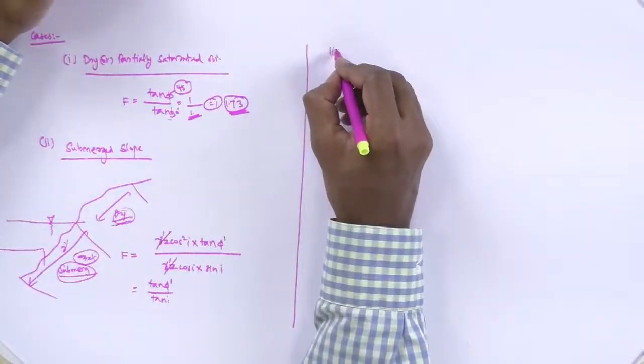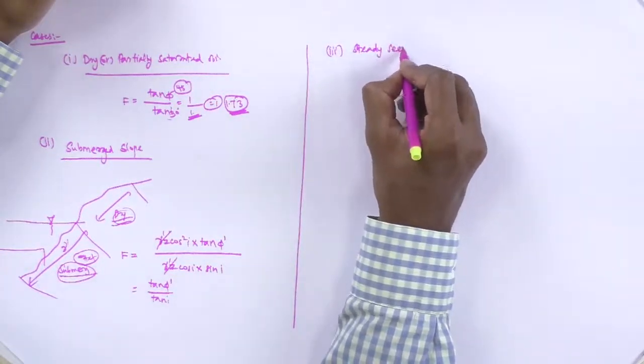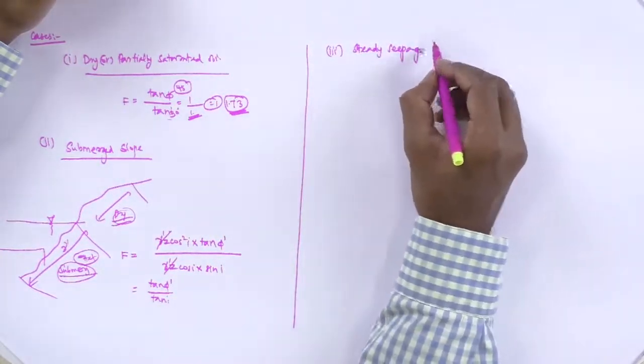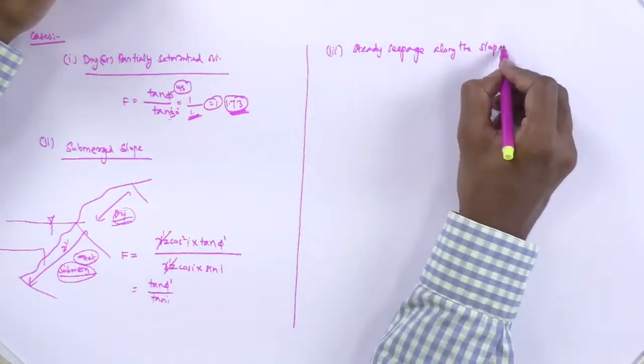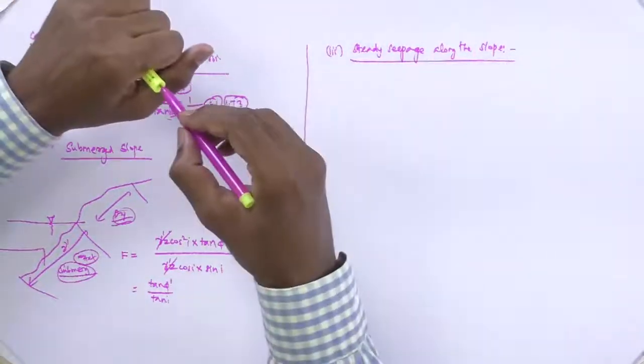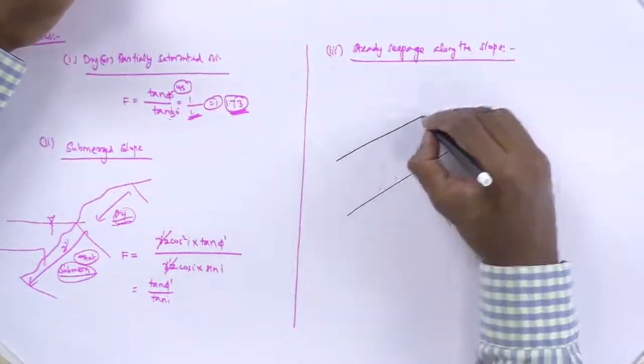So now I am having different cases. Let us say a steady seepage case, steady seepage along the slope. Steady seepage occurring along the slope, in the sense, so this is the slope by the way.